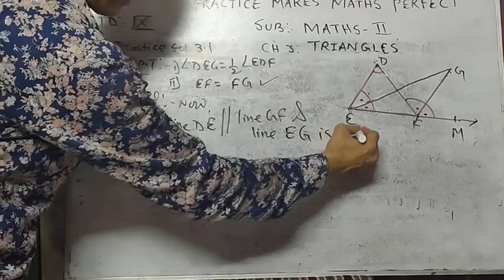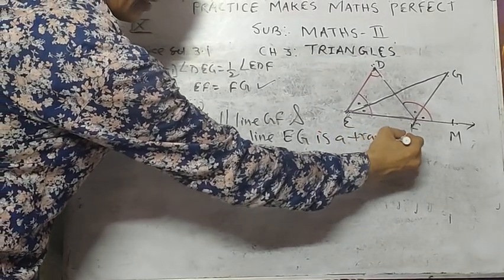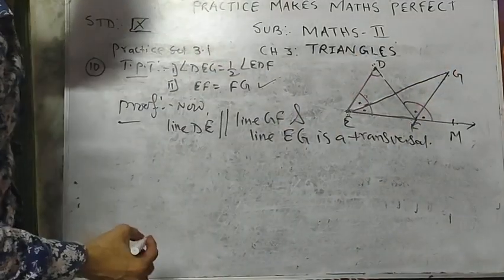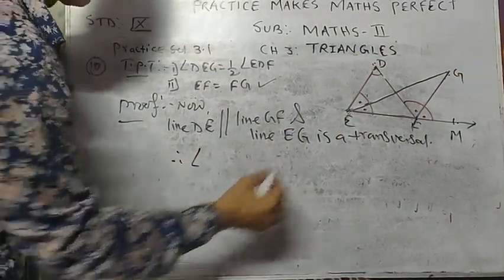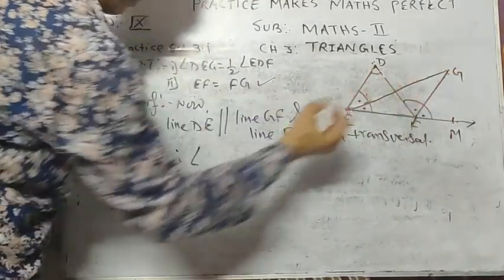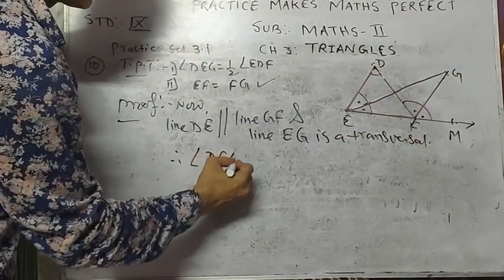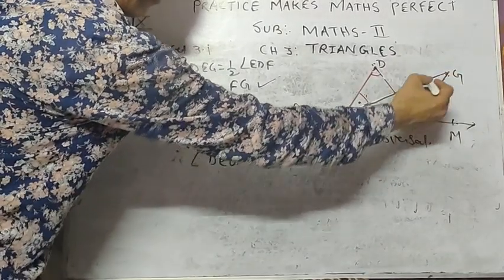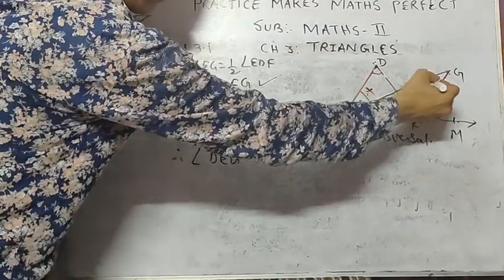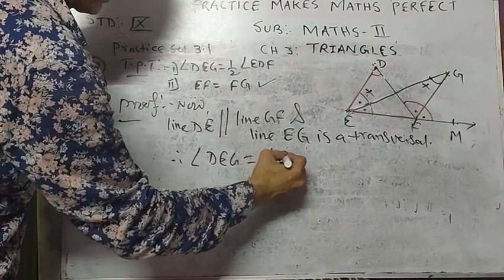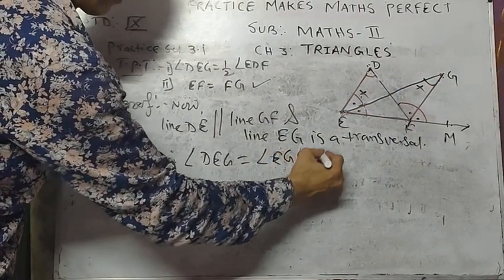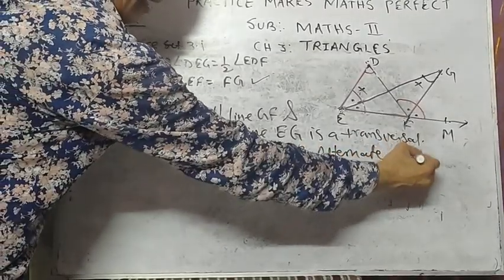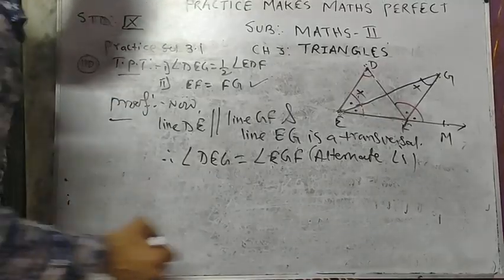First we took this one as transversal, now EG is a transversal. Therefore you will get alternate angles: angle DEG is equal to angle EGF. Alternate angles. Number 3.